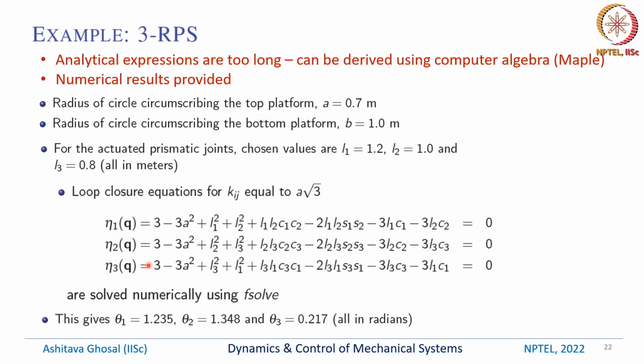And the third equation is the distance between S1 and S3, which is constant, and we are going to assume that it is circumscribed by a circle of radius a. So since it is an equilateral triangle, the sides are of length a root 3. So the third equation is 3 minus 3a square plus L1 square plus L3 square plus L3 L1 C3 C1 minus 2 L3 L1 S3 S1 minus 3 L3 C3 minus 3 L1 C1 equal to 0.